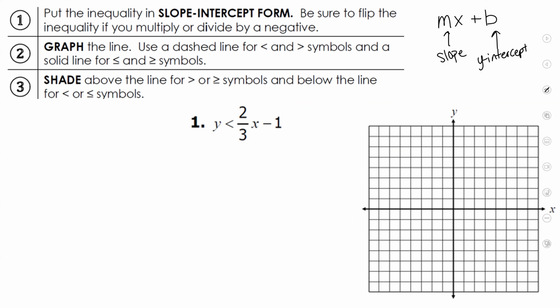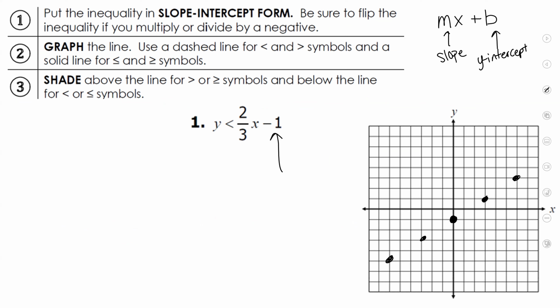Luckily, this first example is already in slope-intercept format. So first, you're going to plot this point -1 on your y-intercept. Your slope is 2/3, meaning you'll go up 2 over 3. You can also go this direction.